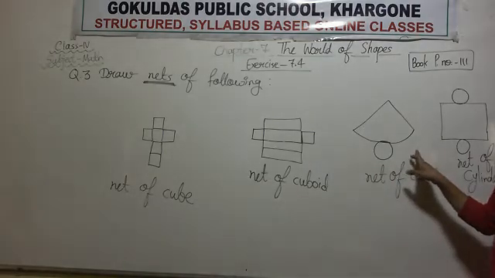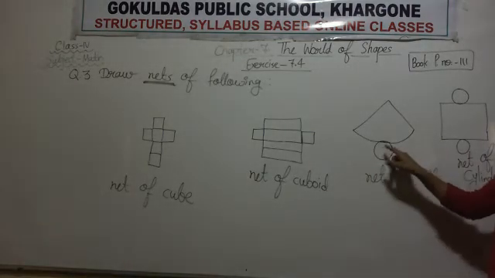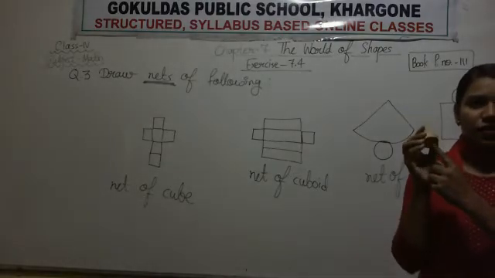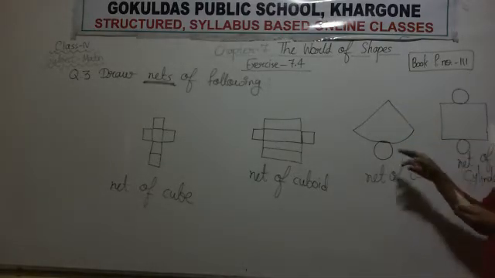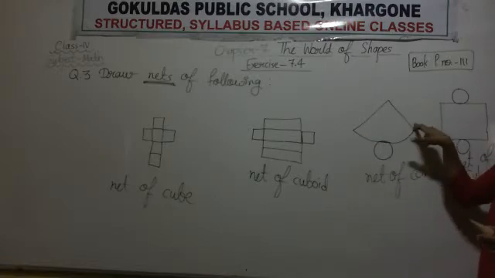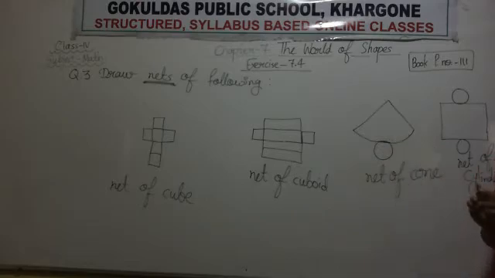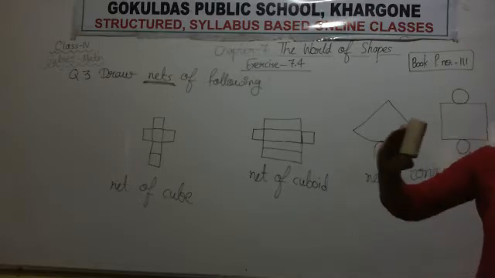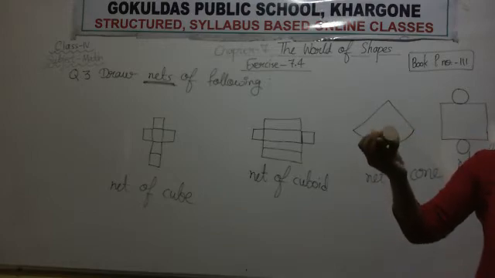Next is the net of a cone. As the base of the cone is circular, when we cut it down and open it, it is a circle and the shape of it is like this. So the net of a cone is this, and the net of a cylinder has its base and top side circular, as you can see.